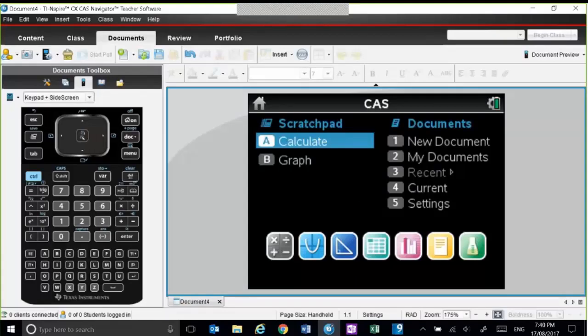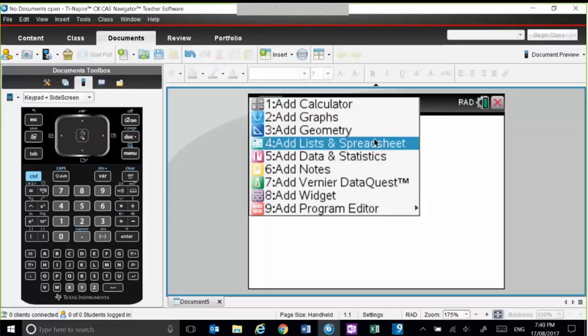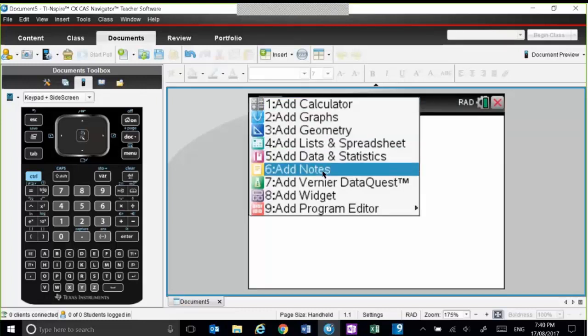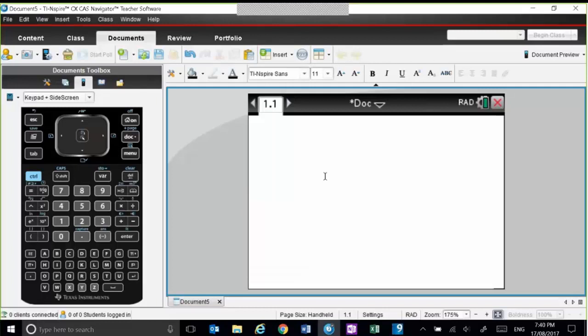So as you can see, the first thing we need to do is open up a new document. And what I'll do is open up a notes page. Now the first thing we need to do is define the function. By pressing Control M, that will open up a maths box that we can basically do anything mathematically in on a notes page.